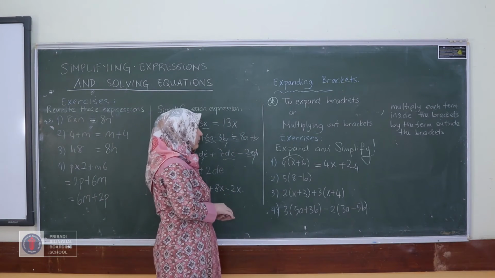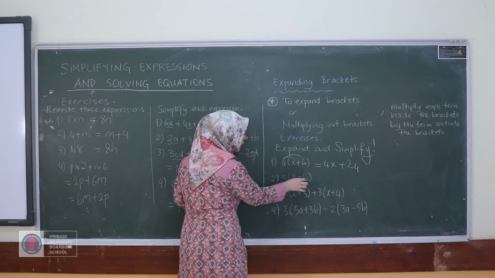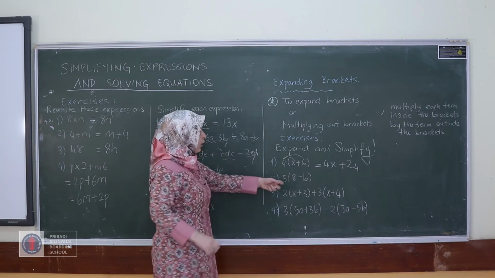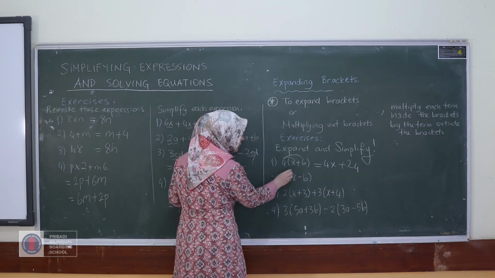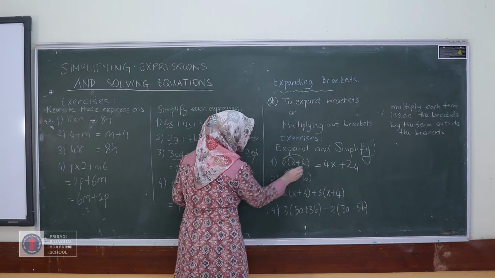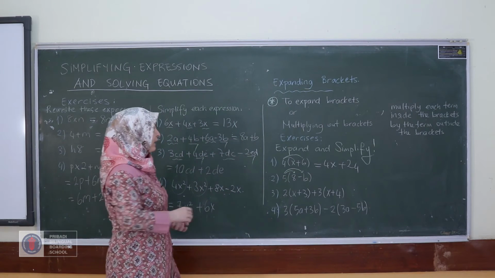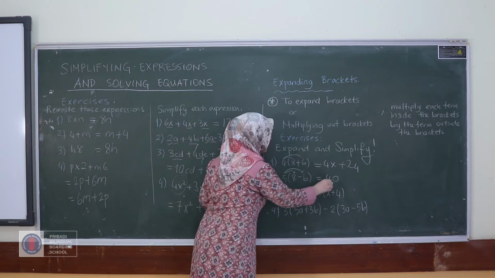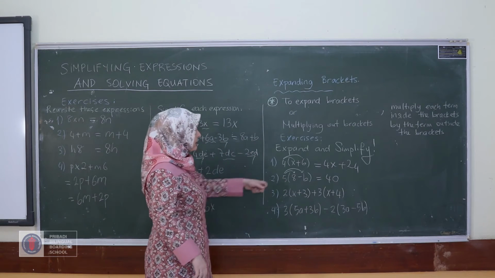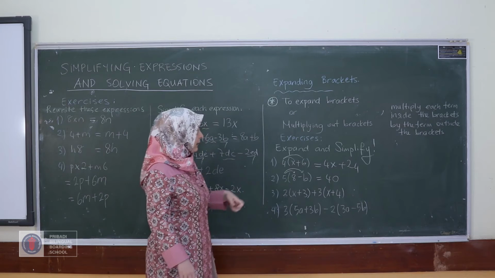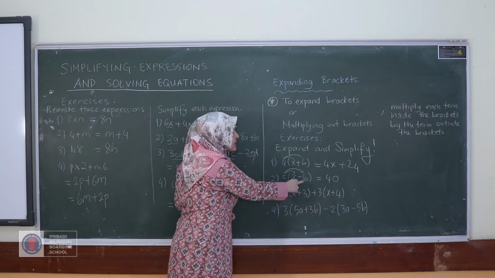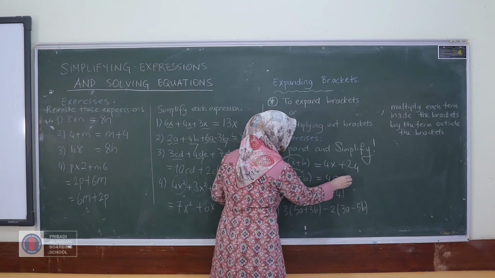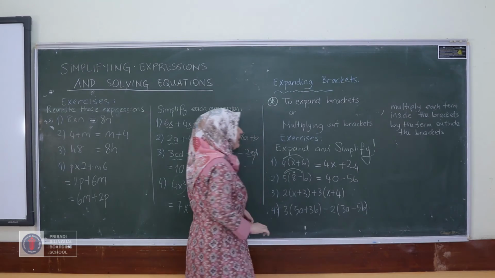And the next one, we will multiply each term inside the brackets by the term outside the bracket. The term outside the bracket is 5 here. So we will multiply these by 5. Let's continue. 5 times 8 is 40. And now this is important. The signs are important, positive or negative sign. 5 times negative b is negative 5b.